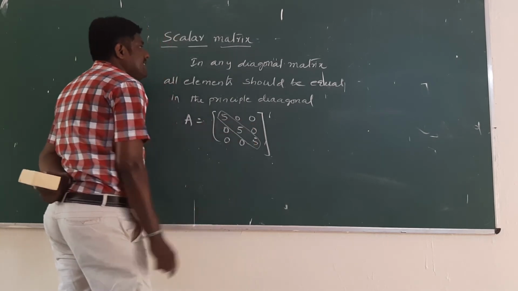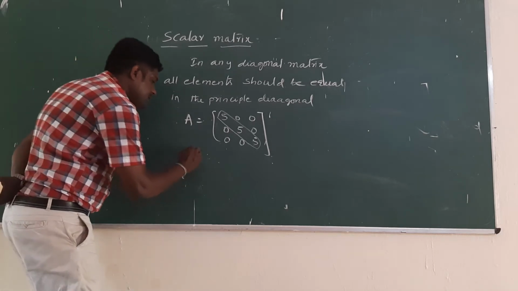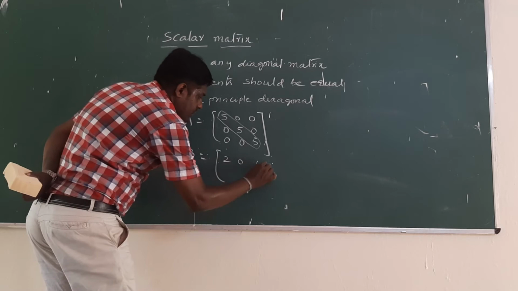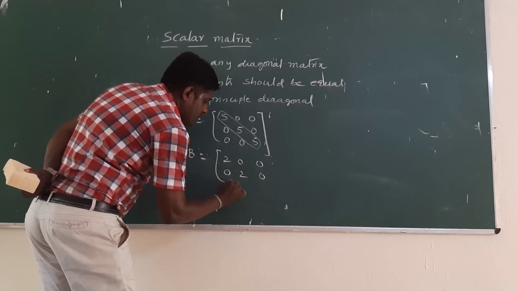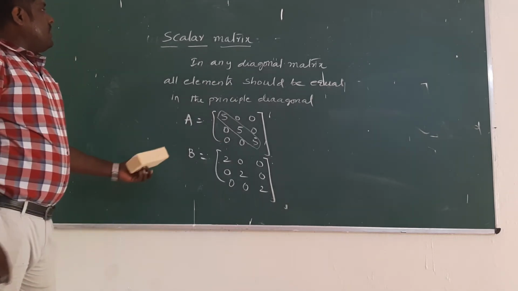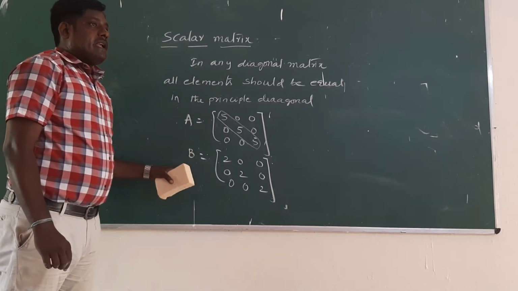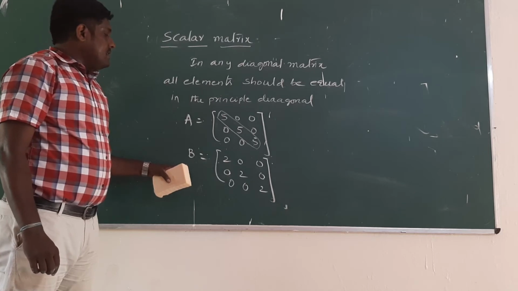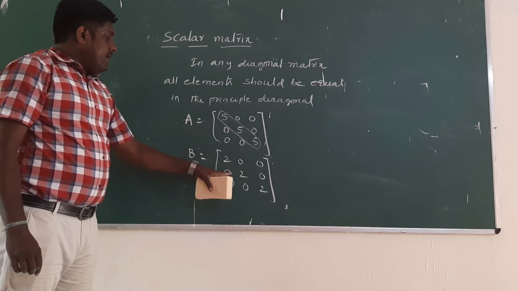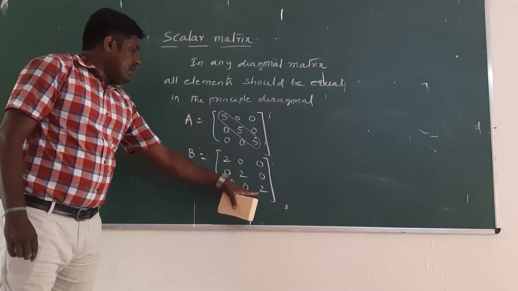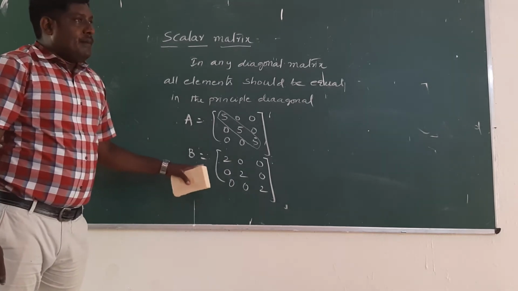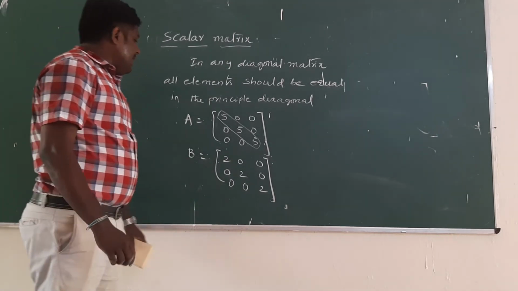See one more example, matrix B: 2, 0, 0, 0, 2, 0, 0, 0, 2. It is also called a scalar matrix because it is a diagonal matrix in which all elements in the principal diagonal are equal.